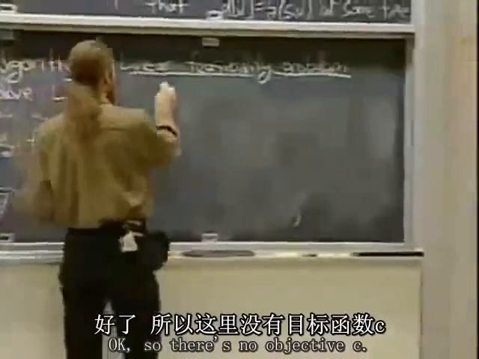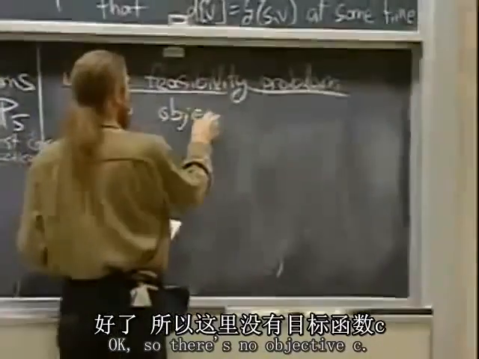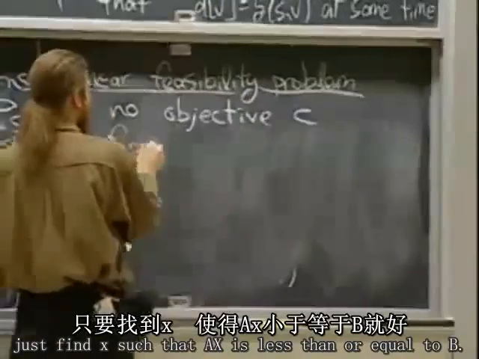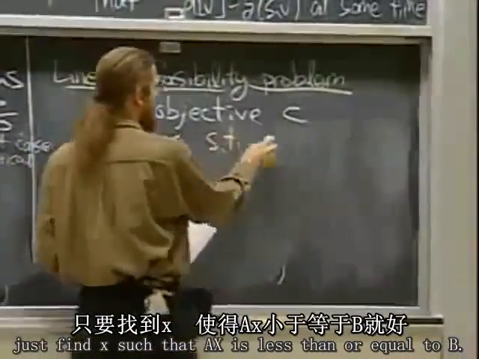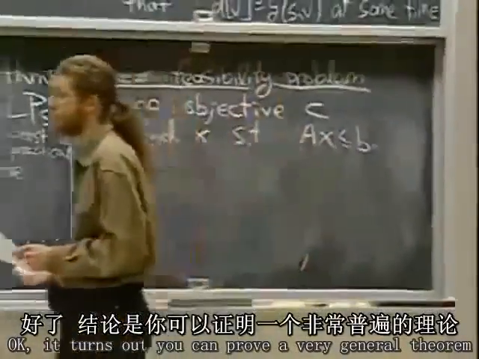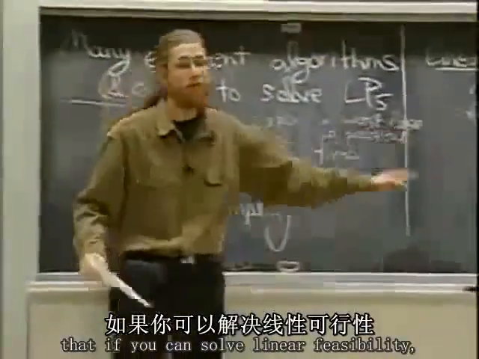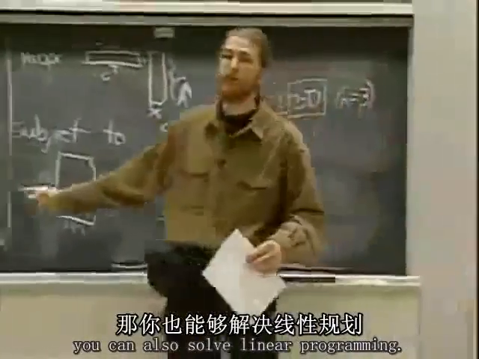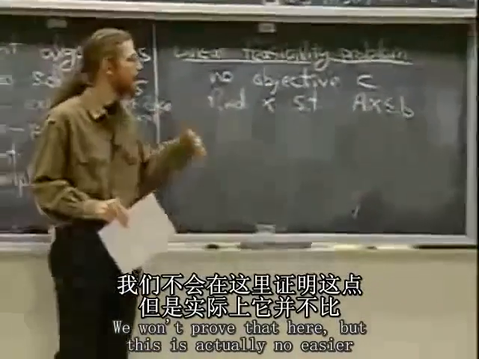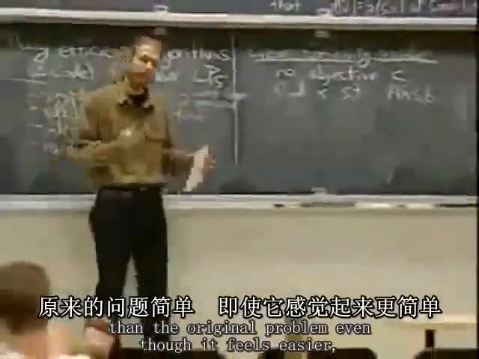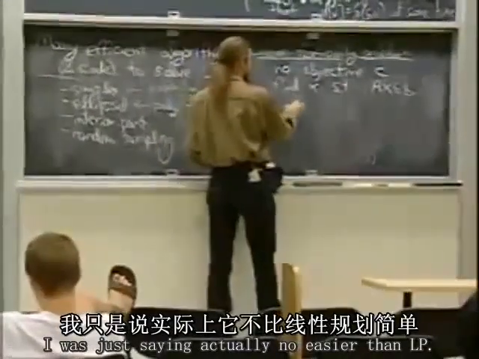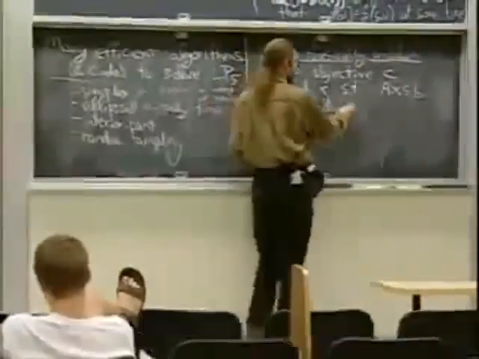So there's no objective c, just find x such that Ax is less than or equal to b. Turns out you can prove a very general theorem that if you can solve linear feasibility, you can also solve linear programming. Won't prove that here, but this is actually no easier than the original problem, even though it feels easier, and it's easier to think about. I'm just saying it's actually no easier than LP.